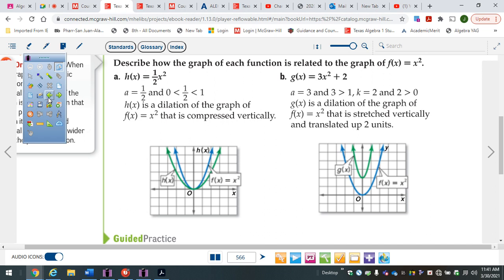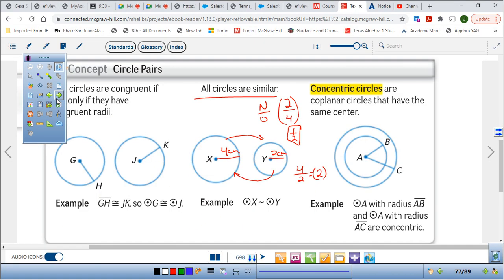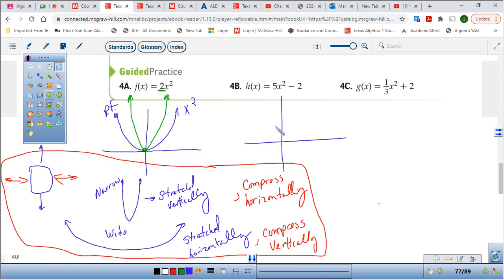So let's go to the one that we're working on right now. The parent function is going to be from here, going like this. That's the parent function. That's x squared, okay? This one now, what's going on with this one here? Can anybody tell me?